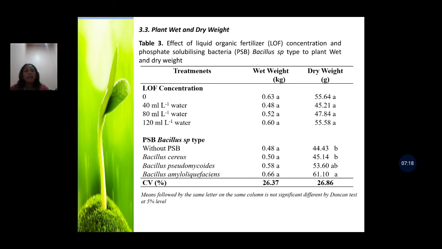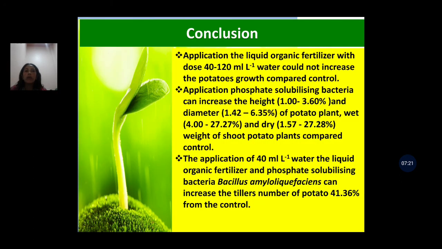Conclusion: application of liquid organic fertilizer with 40 until 120 ml per liter water could not increase potato growth compared to control. Application of phosphate solubilizing bacteria can increase the height and diameter of potato plants, and wet and dry weight of potato plants compared to control.